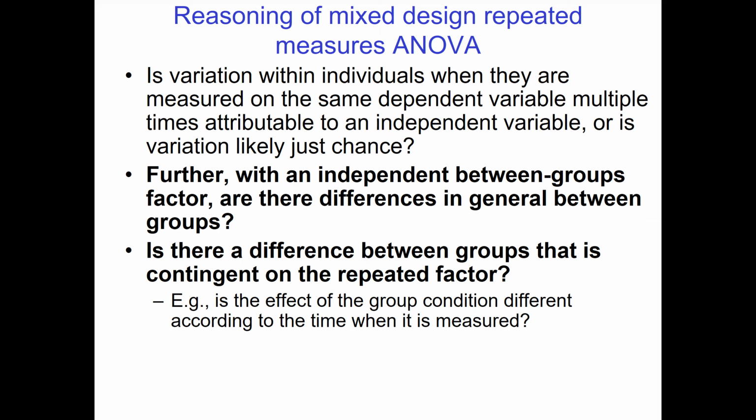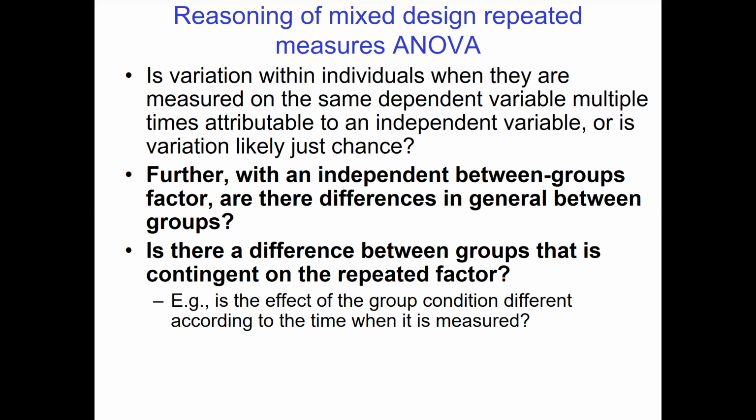In a mixed design, you will also have multiple groups. So you have more than one group, each of which is measured repeatedly. And so you can ask, is the between groups factor different in general on the dependent variable?